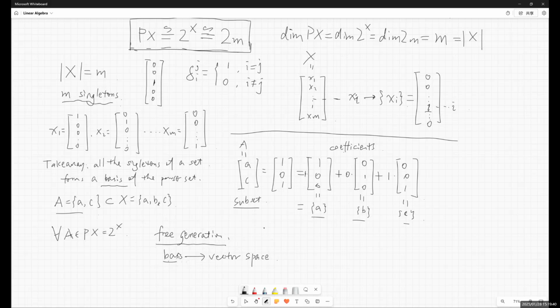And the free generation is achieved by the covariant, the contravariant home functor.